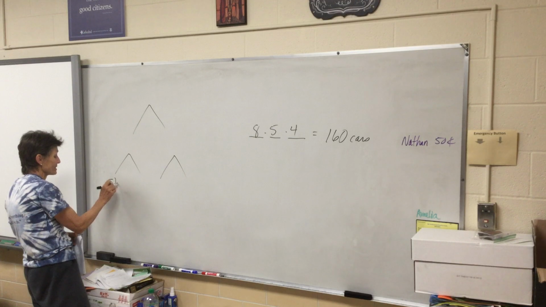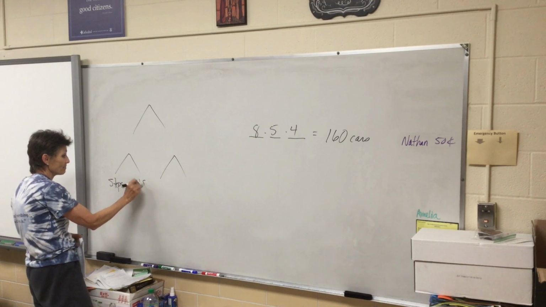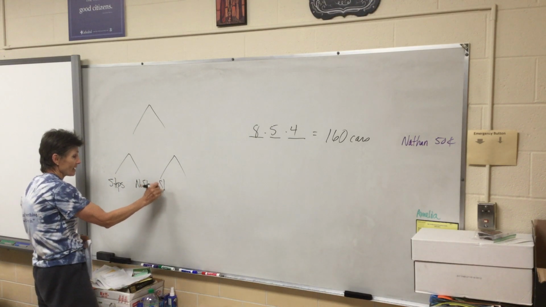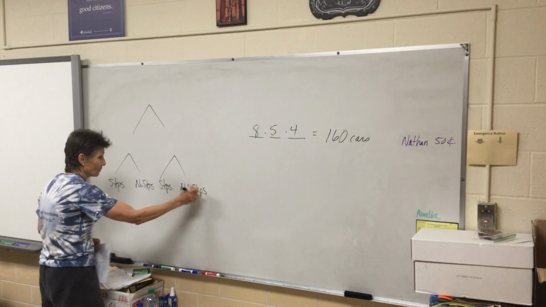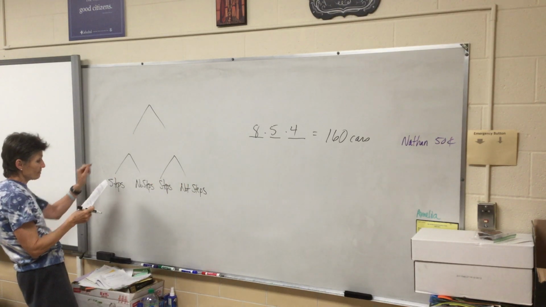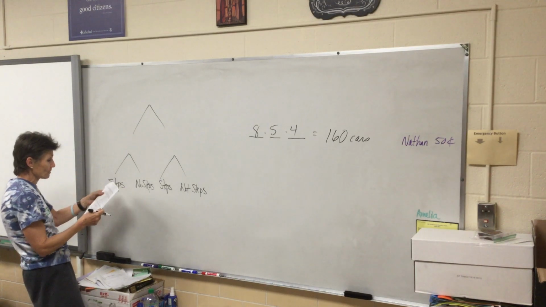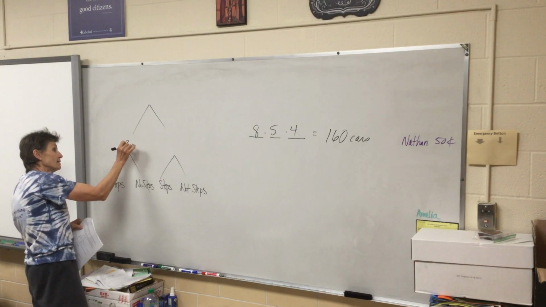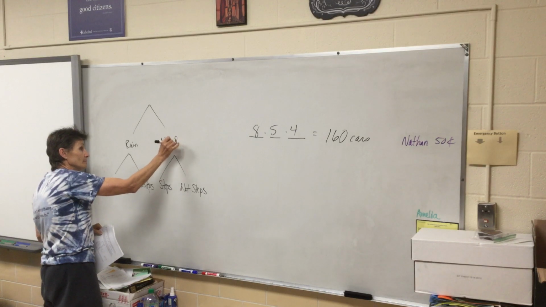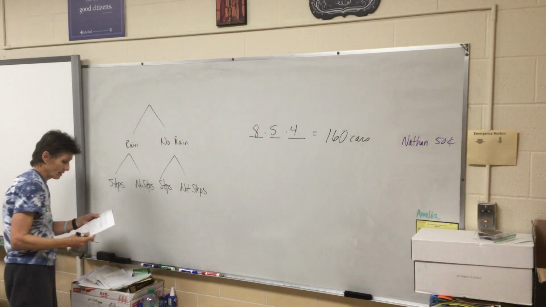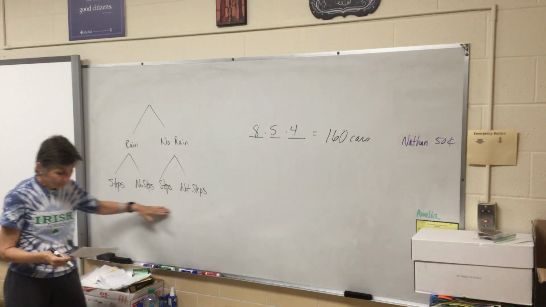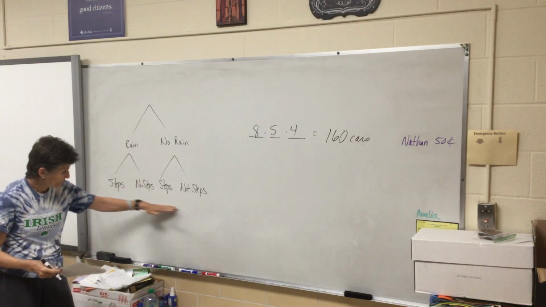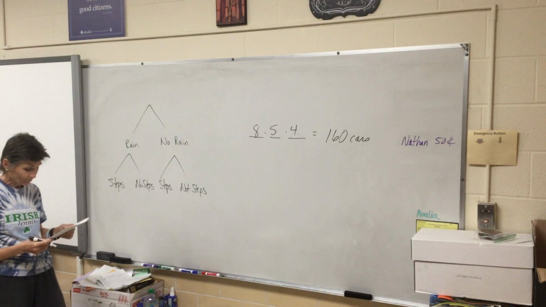So this is going to be steps, not steps, steps, and not steps. Then this level is going to be the other thing, which is rain and no rain. Always, the question is the bottom of the diagram, the bottom rung here.